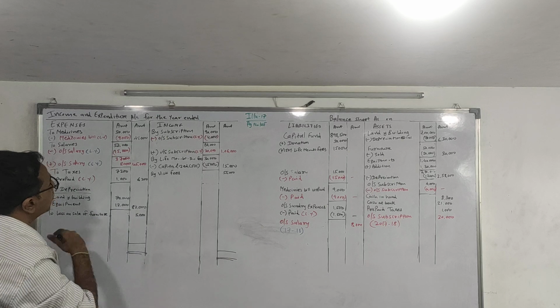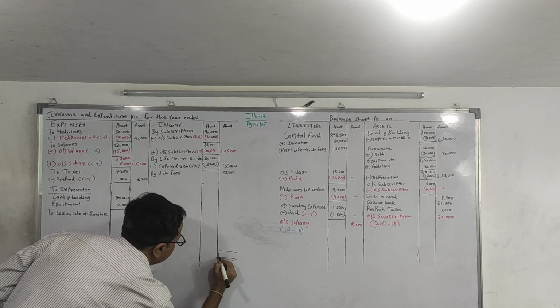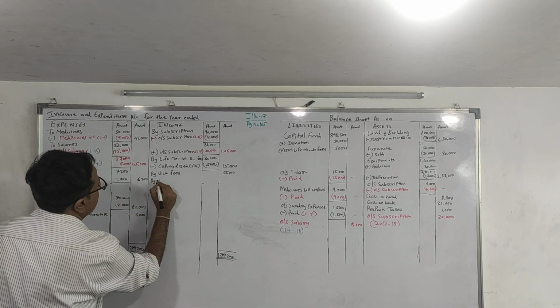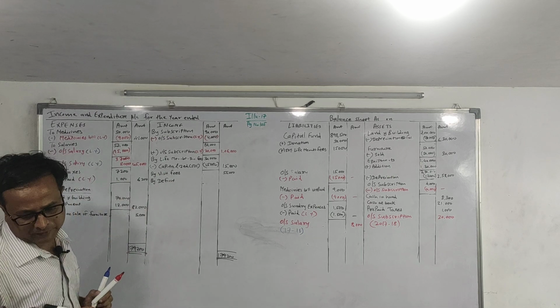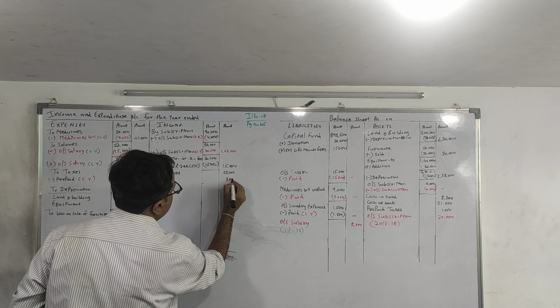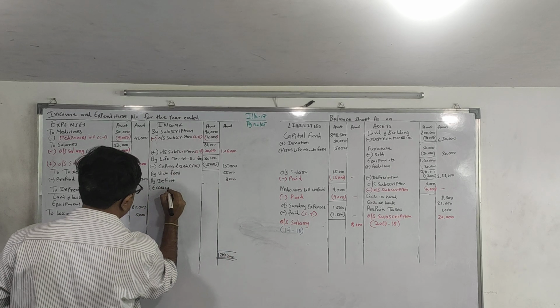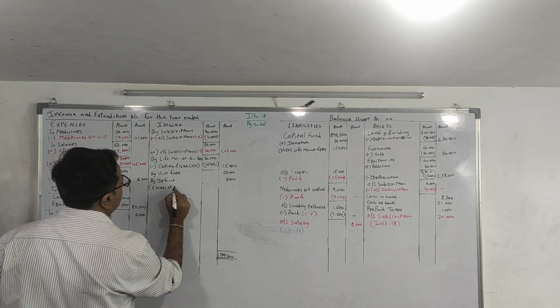Now my debit side is more, that is 1,79,200. So it is a deficit. My deficit 3,200. Excess of expenditure over income.